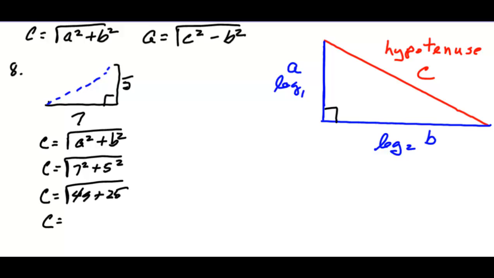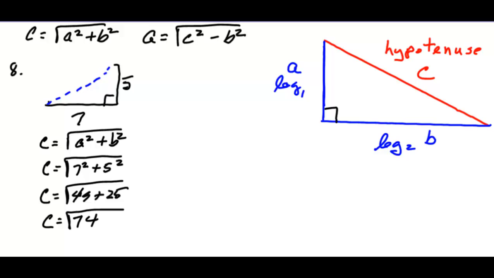Or c equals the square root of 74. Now, if you found that there was some perfect square that divided evenly into 74, you could go ahead and use that. But 4 does not divide evenly into 74. So I can't use that.